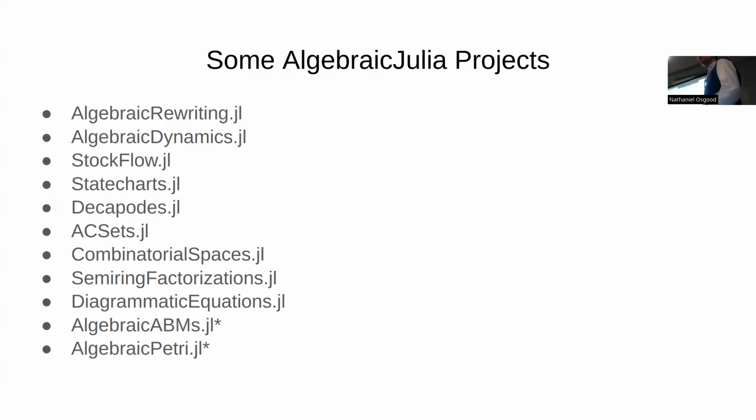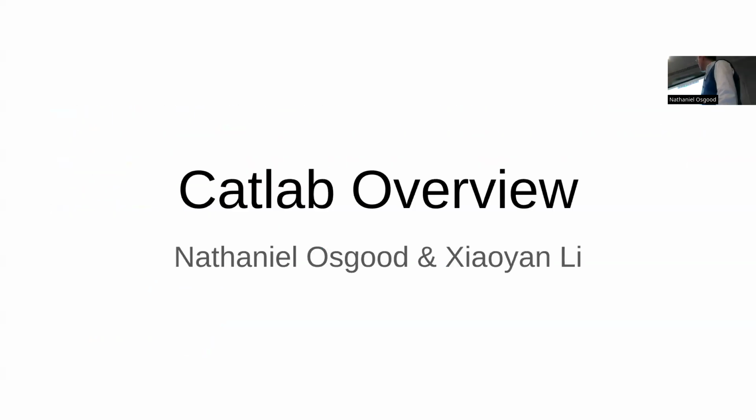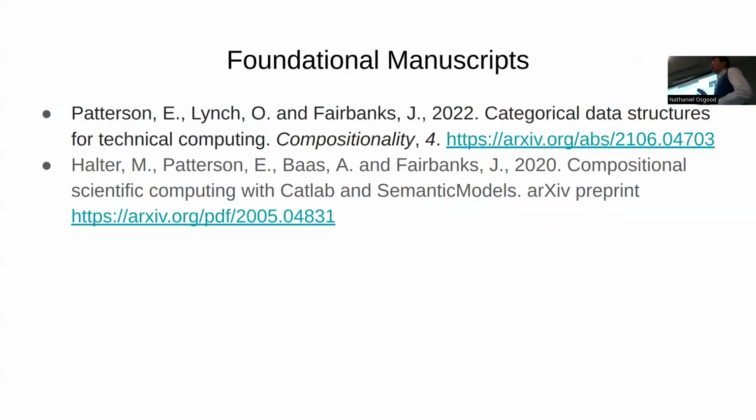Okay, so that's a little bit of a high level on algebraic Julia and Catlab. Any questions at a high level that people would like to bring forward before I start diving into taking a very concrete look at how this plays out in terms of specific functionality? We'll see a lot of examples.